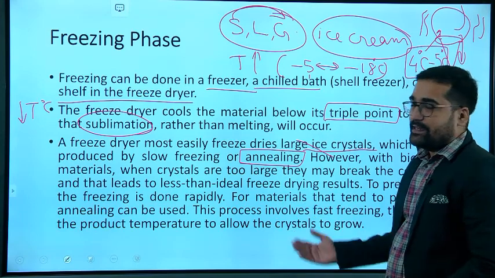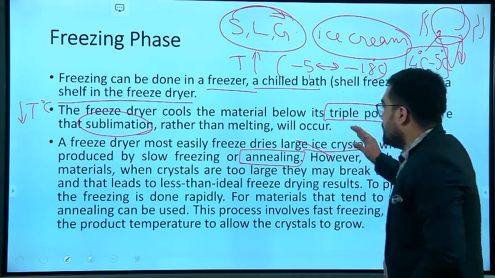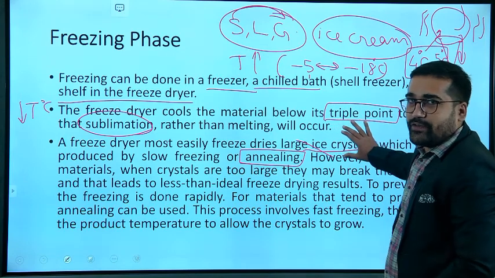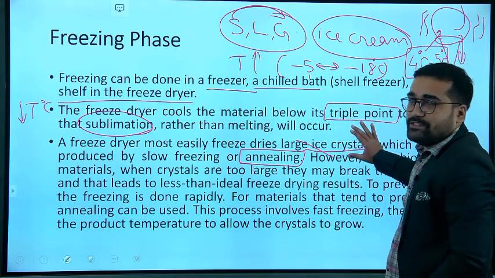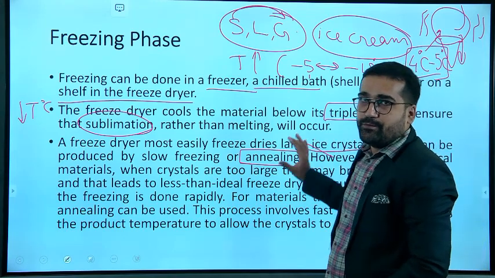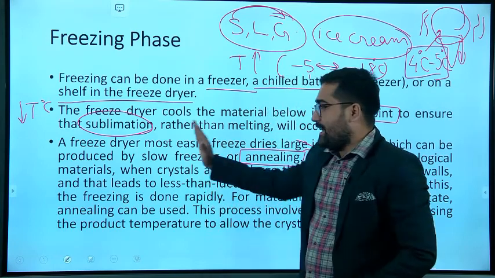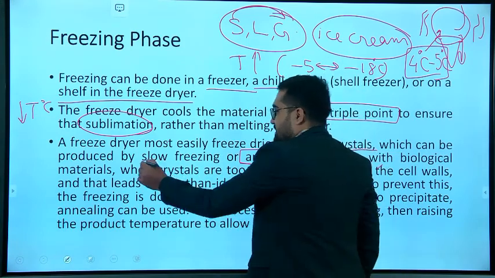What do you mean by annealing? Annealing is the process in which we can break the large ice crystals into smaller sizes so that the quality of the final product can be improved. Annealing can also be referred to as slow freezing.